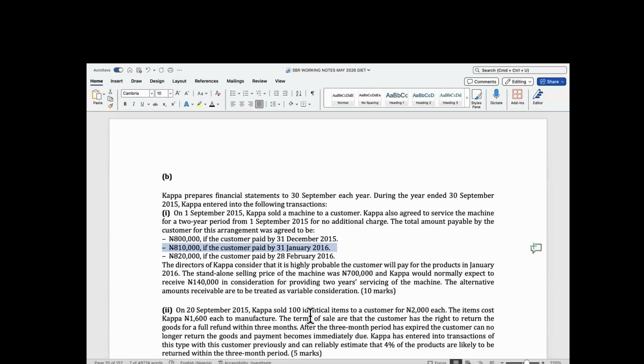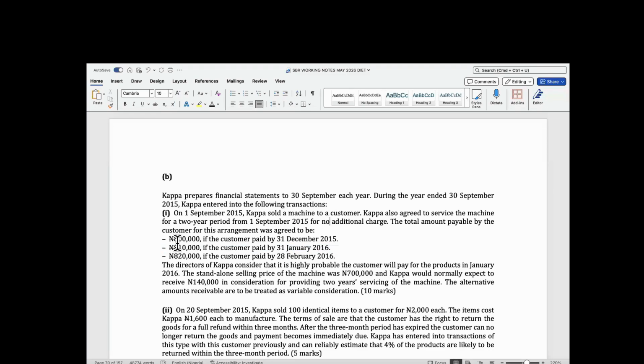Where we sold the machine and we are going to give 2 years for the customer to service. We are going to provide 2 years free maintenance, 2 years period of service for the customer for no additional charge.